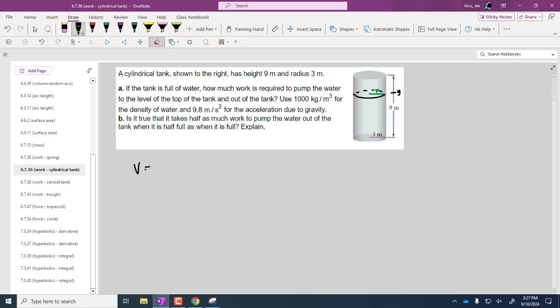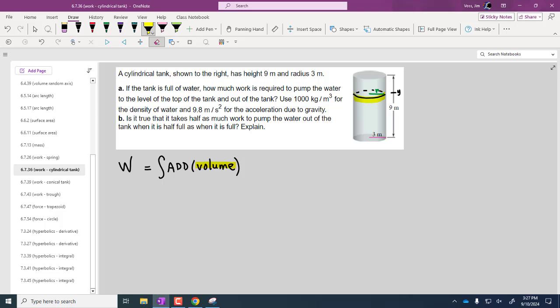Work is going to be ADD, acceleration density depth, or acceleration density distance, however you want to think about it. And just remember that this volume is not the volume of the tank, it's the volume of the slice right across there. It's the pi r squared multiplied by dy. It's that thin disk thing.